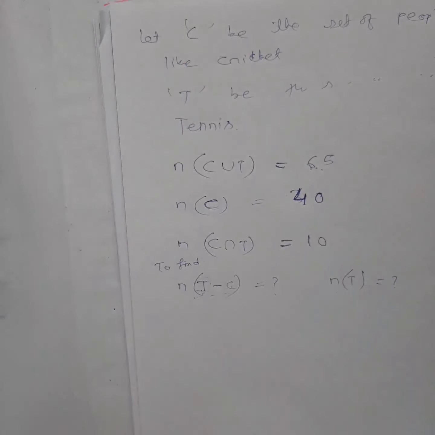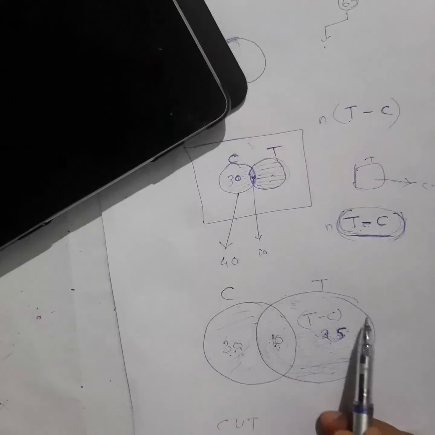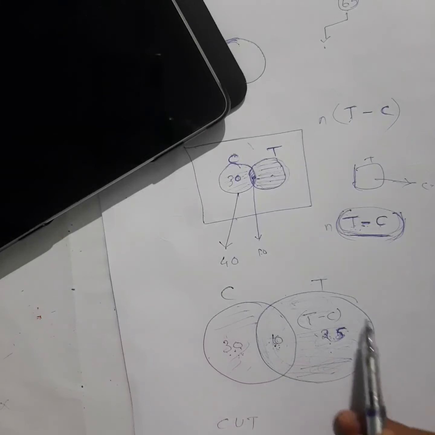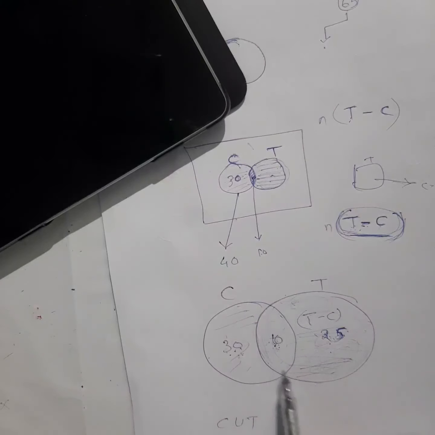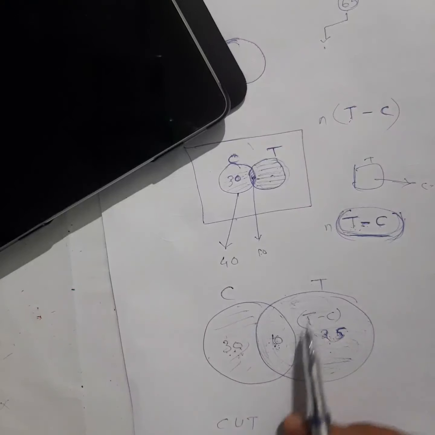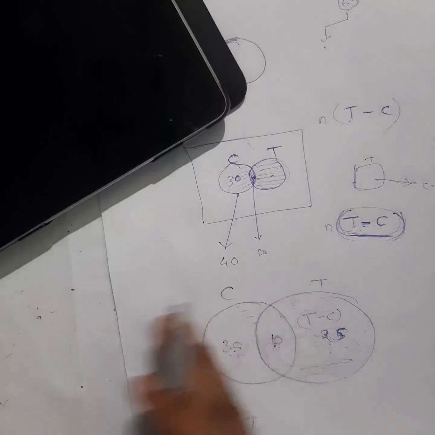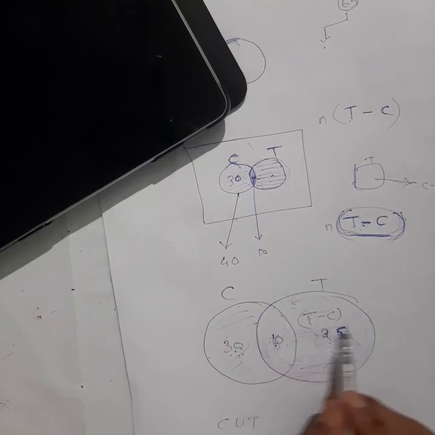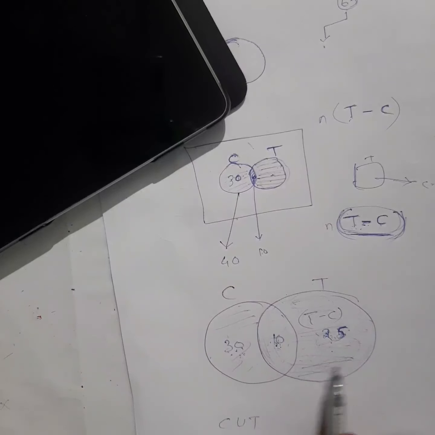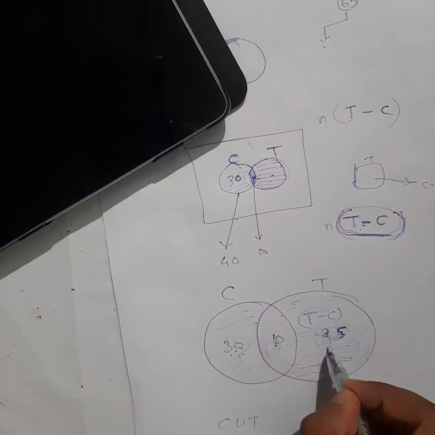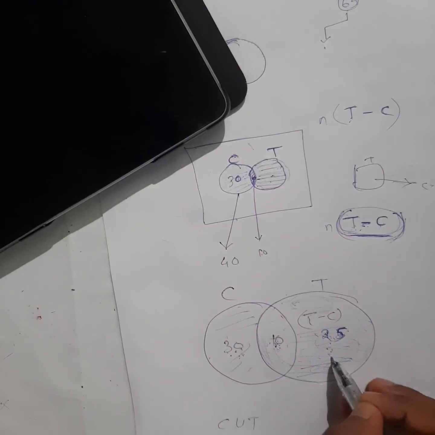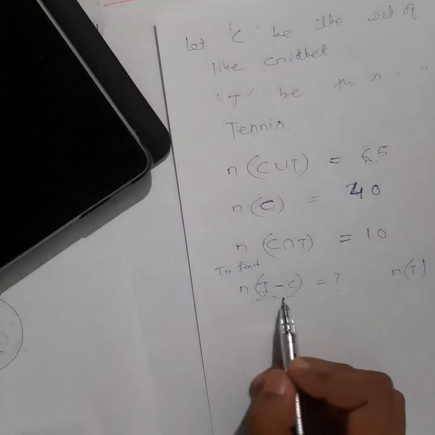If I talk in terms of a Venn diagram, from this set I have to remove those people who play cricket. So these people play cricket. If I remove them, what will be left out? This portion. Now this portion will be your region, which shows the people who like only tennis. Only tennis they used to play. So this is the meaning. According to the question, this we have to find.